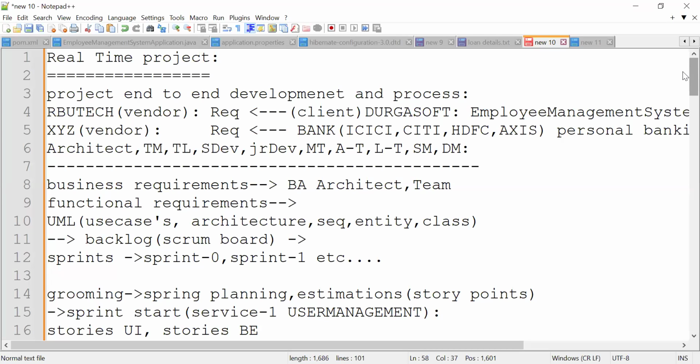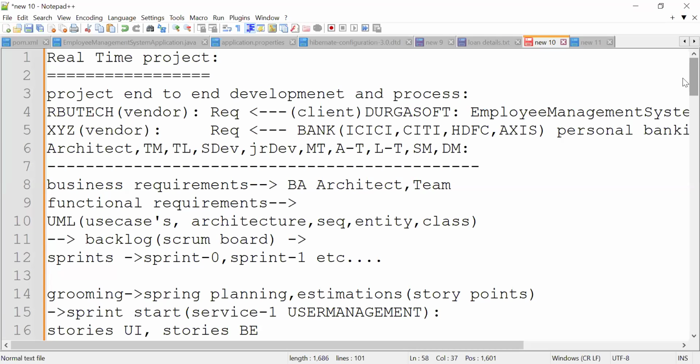Apart from the coding and delivery, what we should understand from the beginning once we get any project, whether you are from the vendor side or the client side, is based on your role, what you need to deliver, or what the deliveries and responsibilities of your colleagues are, so that you can ask for whatever you need from them.